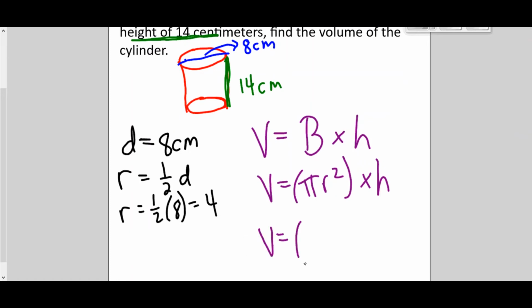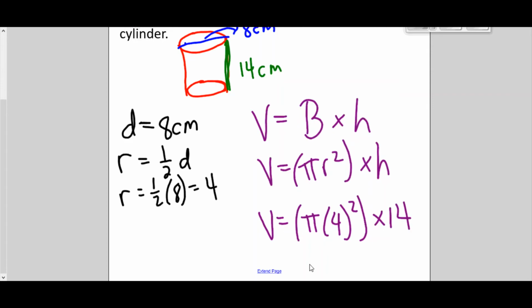So volume is pi times 4 squared times the height. The distance between those two circles is 14 centimeters. So then from here, we're just going to simplify this. Pause the video if you need to simplify it to get up to where we're at.